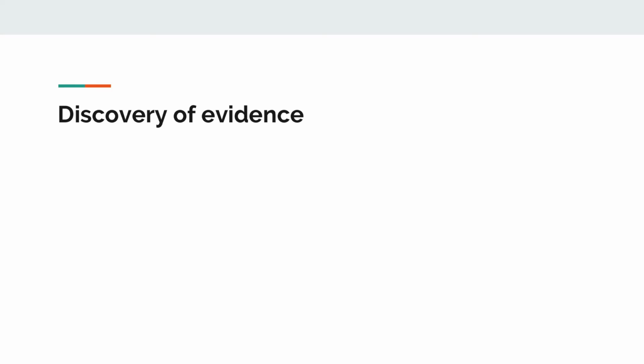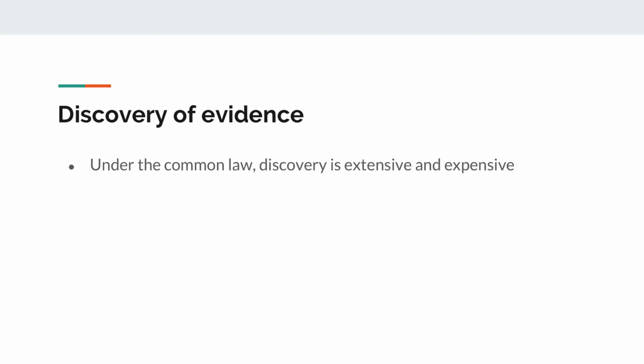Discovery of evidence. Discovery is what we refer to as that process by which one party obtains evidence from the other. And under the common law, discovery is extensive and expensive. Under the common law, attorneys are entitled to discover not just relevant evidence, but any evidence that may lead to the discovery of relevant evidence.